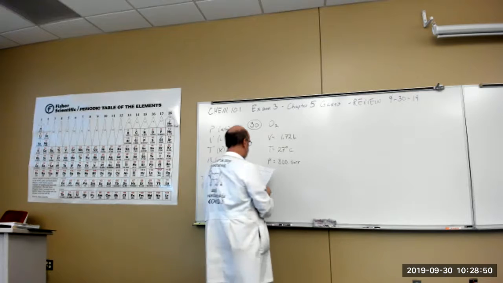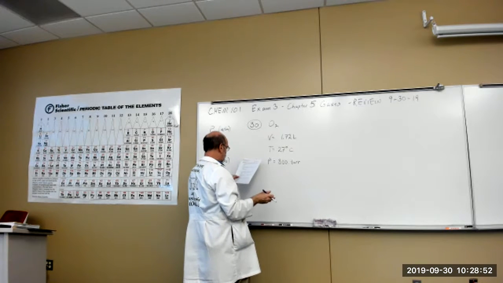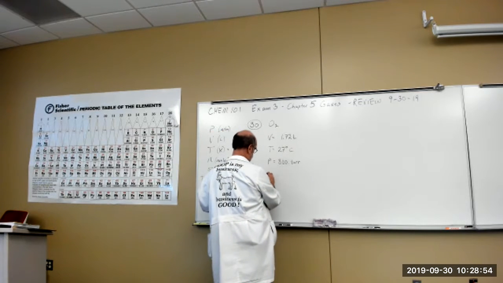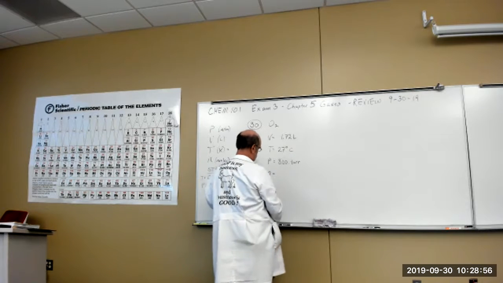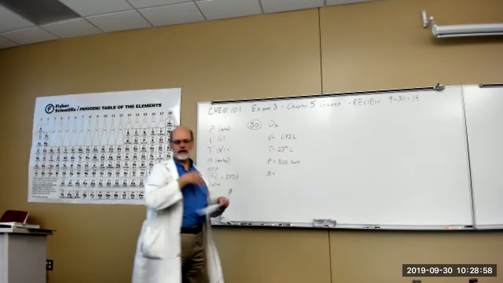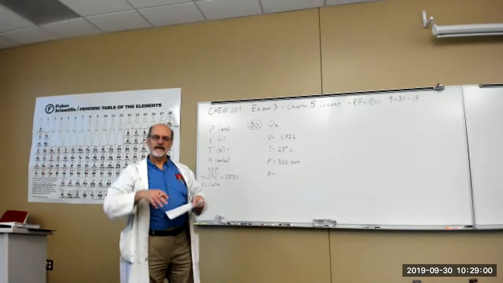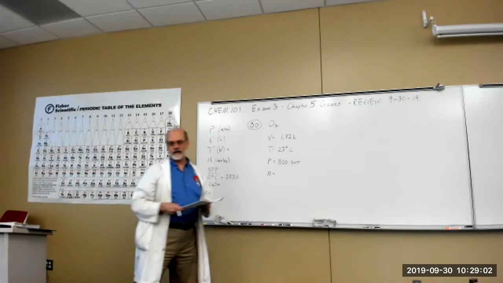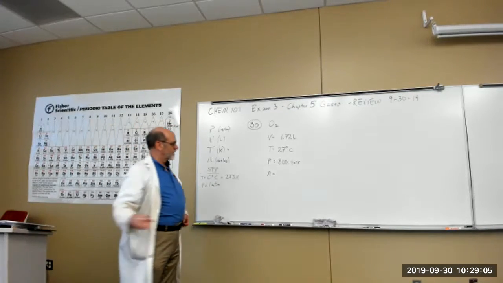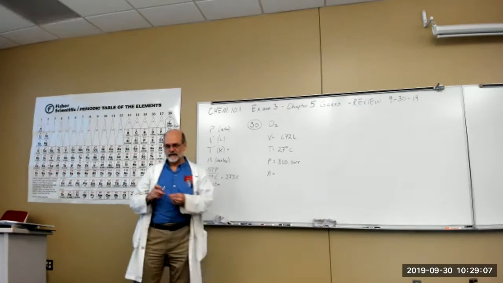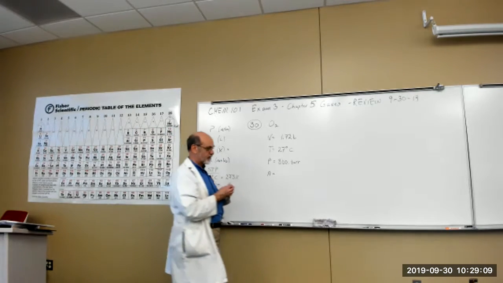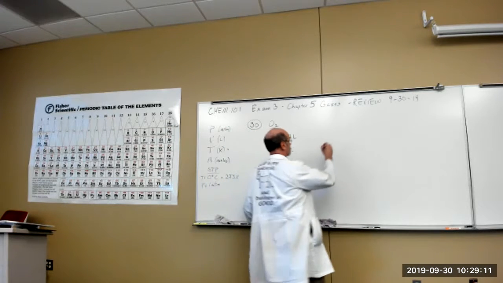The question is, how many oxygen molecules are there? So we need to know how many moles, and then we convert moles to molecules. So what kind of problem is this? It's a state function, right? So we need the ideal gas equation.